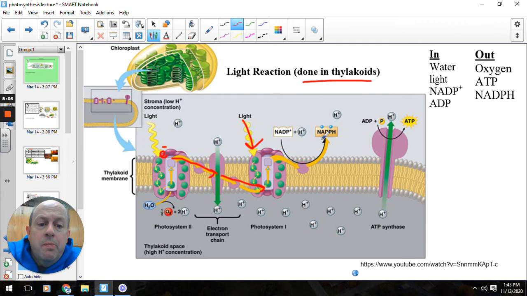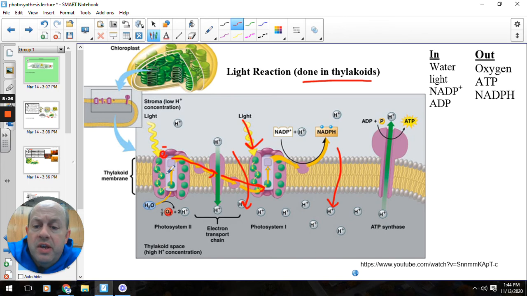And that will help make our ATP and our NADPH. So those electrons, as they kind of jump, they will push hydrogens across the membrane. And so as those hydrogens get pushed across the membrane, we have a hydrogen ion concentration.